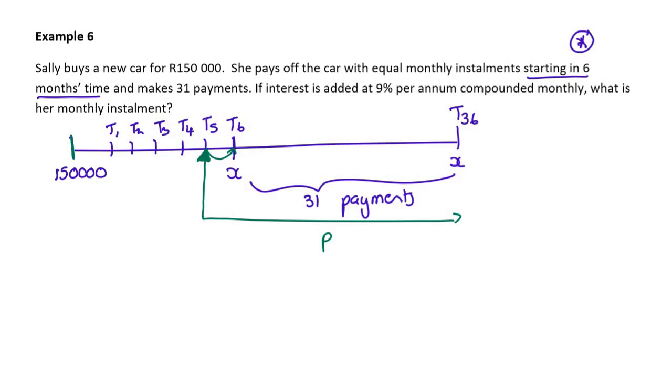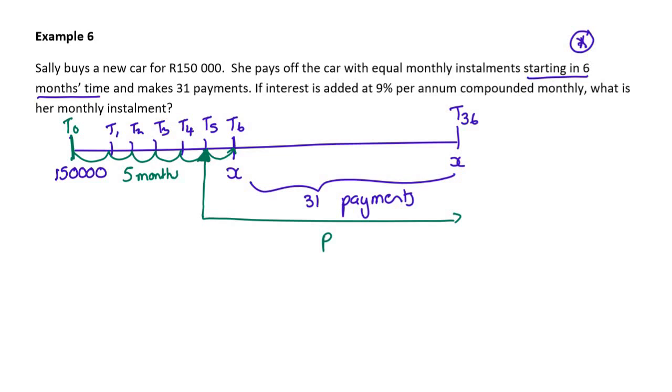So 150,000 Rand, which is now, is not what I can use in my present value annuity formula. So what do I need to do? Well, there's 1, 2, 3, 4, there's 5 months where nothing is happening except your 150,000 Rand is gaining interest, which is not ideal. So Sally is being silly.